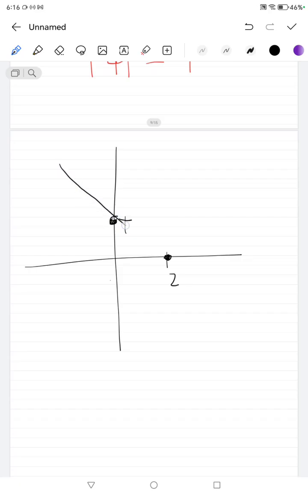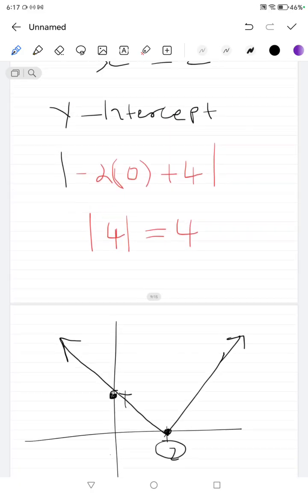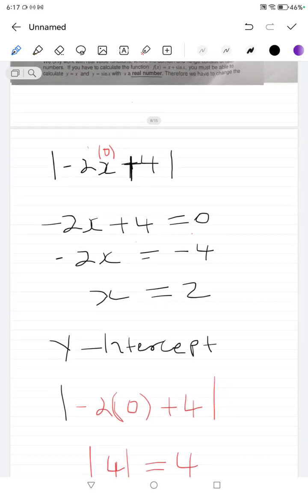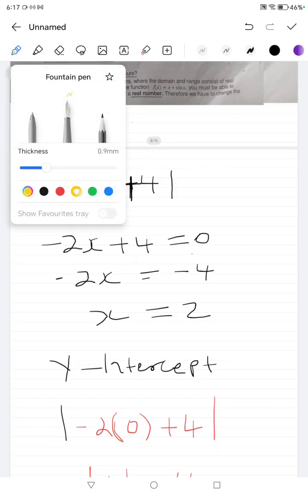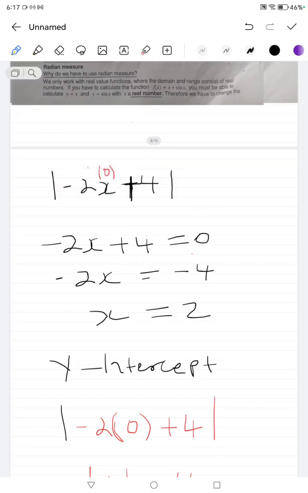You can just say it's going to look like that. You see? So that's what I was saying. That one doesn't matter, but the 2 is the one that matters, because that's where you're going to have the vertex. Some people even interpret it by your slope, because obviously you have your rise over run here, which is 1 over 1. You see?